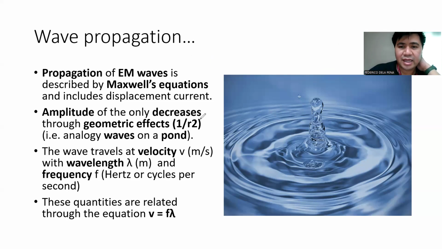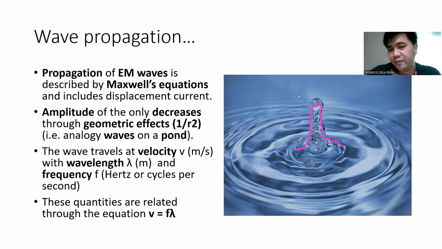Now, if you're gonna look at waves, they normally propagate in a spherical shape, like an expanding balloon. If you look at them in 2D, you can also approximate it as the wave in a pond. If you drop a pebble on your pond, you will initially get a very large amplitude.